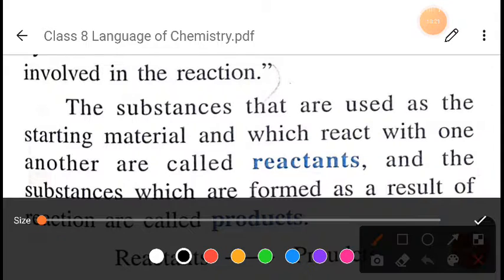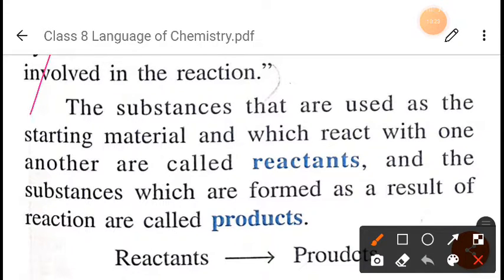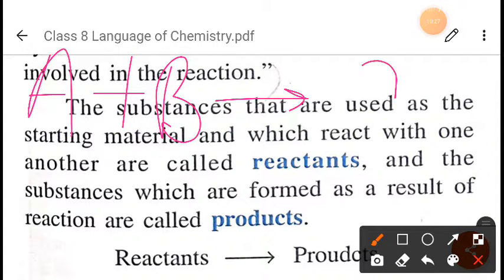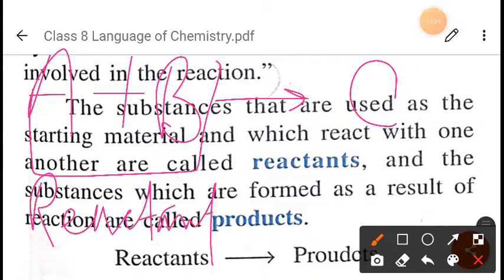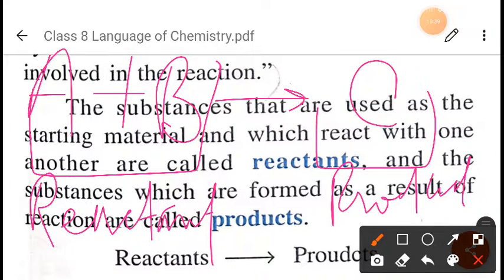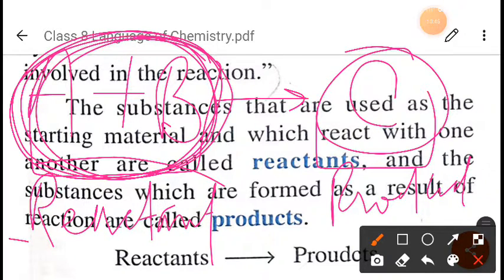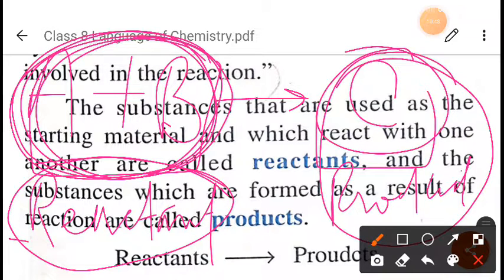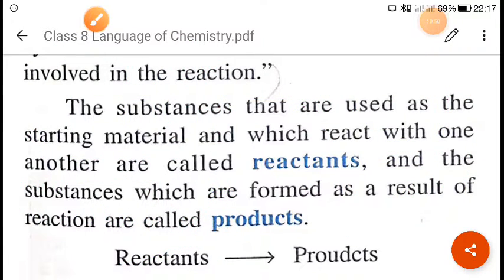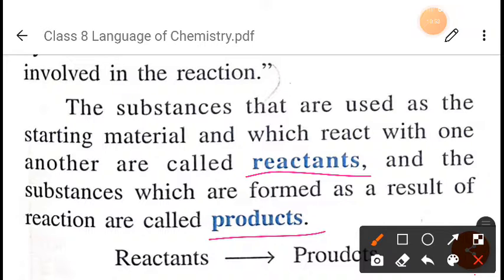Suppose we have A plus B reacting to form C. This side is the reactant, and this is the product. A and B combine to form C, so A and B are the reactants, and C which is formed here is the product.